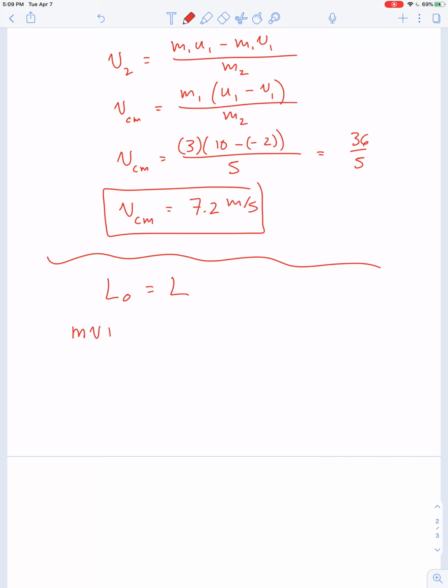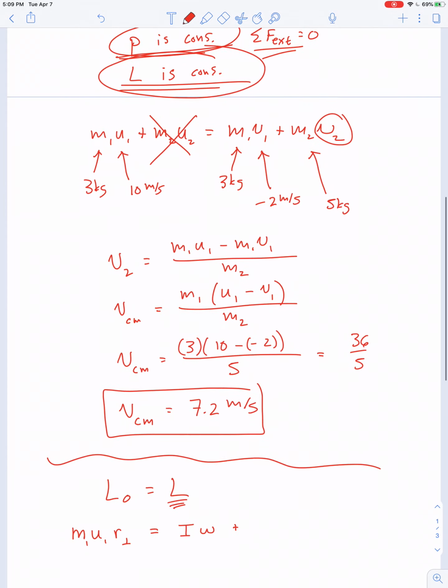This is m1 u1 r perpendicular. And then that's equal to, let's see, final angular momentum is twofold. It's the angular momentum of the rod, which acts as a rigid body, plus the ball comes bouncing back and has angular momentum as a point mass.